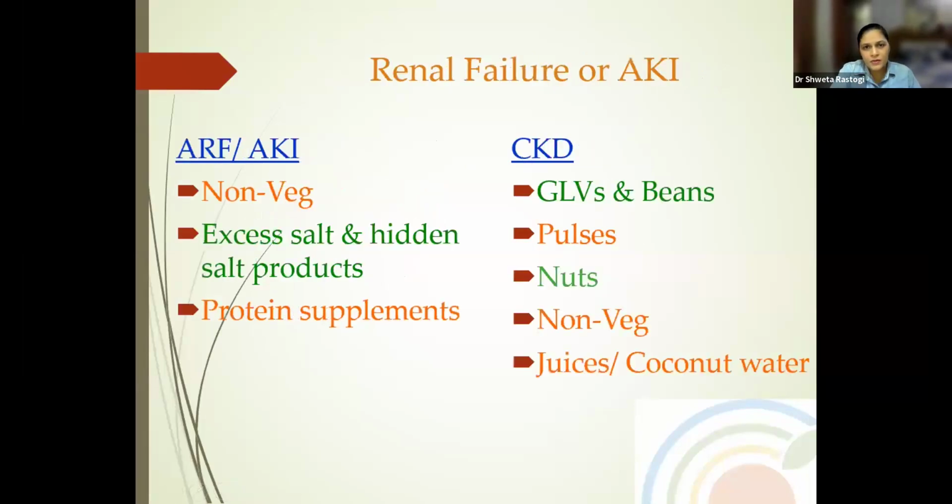Now we talk about renal failure or acute kidney injury. See, this particular condition is such that to date, we are not able to give a broad guideline to the patient. We have to customize, we have to speak to the patient, we have to see what problems the patient is facing, and then only the diet is prescribed.